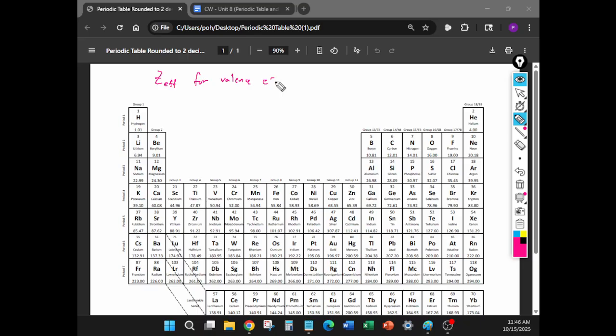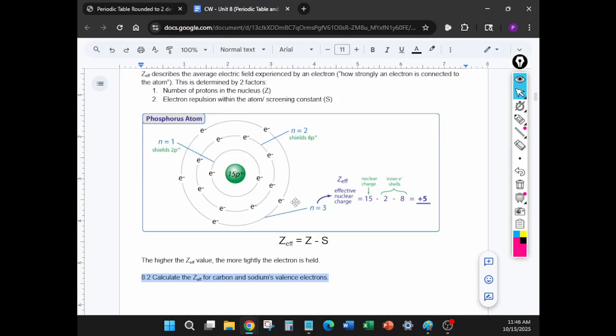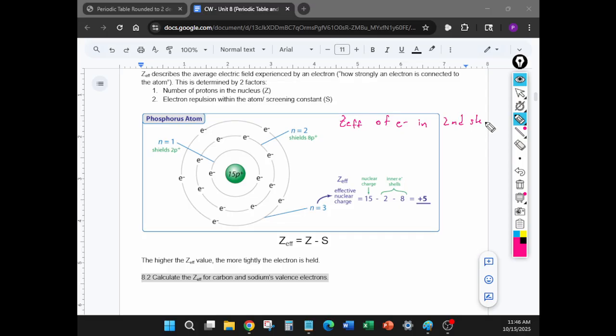But we've seen questions on the AP test where they ask you not for the Zeff of valence electrons, but for the Zeff of the electrons in an inside shell. For example, it'll ask you for the Zeff of an electron in the second shell. We're going to do a problem like that for phosphorus. The calculation is exactly the same. We just need to know what we are looking at.